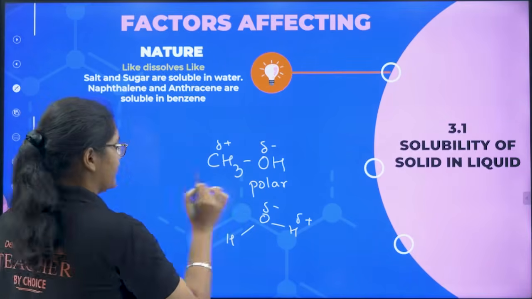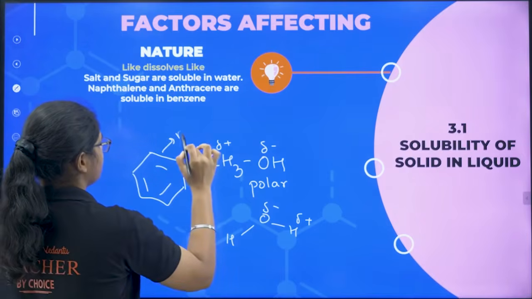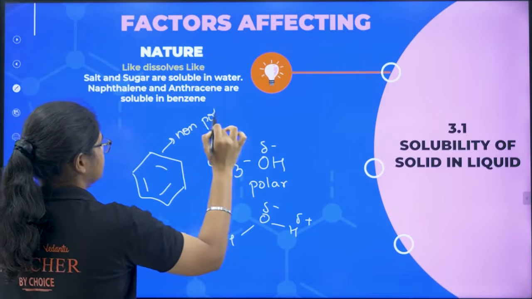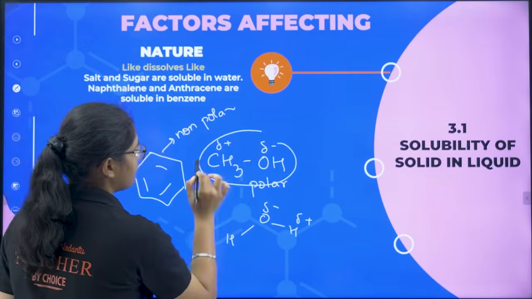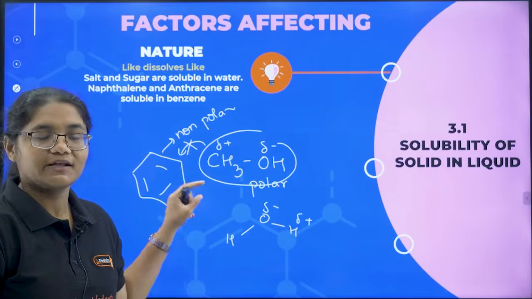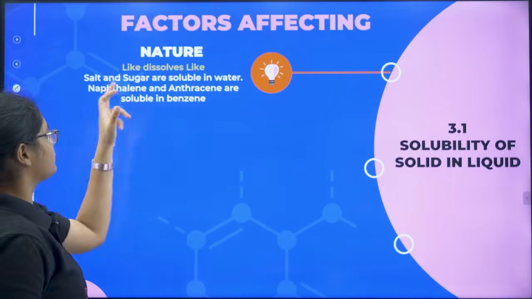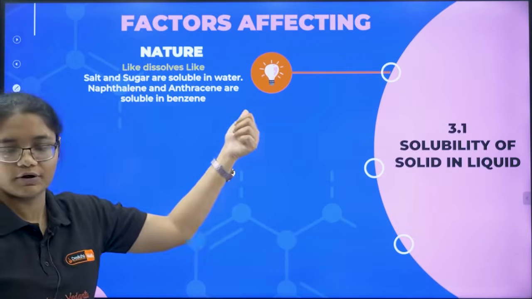But if I talk ethanol and benzene, benzene is non-polar, right? So that means this ethanol will not dissolve in benzene. Why? Because this is non-polar. So that is the concept here, that polar dissolves polar. Salt and sugar are soluble in water.